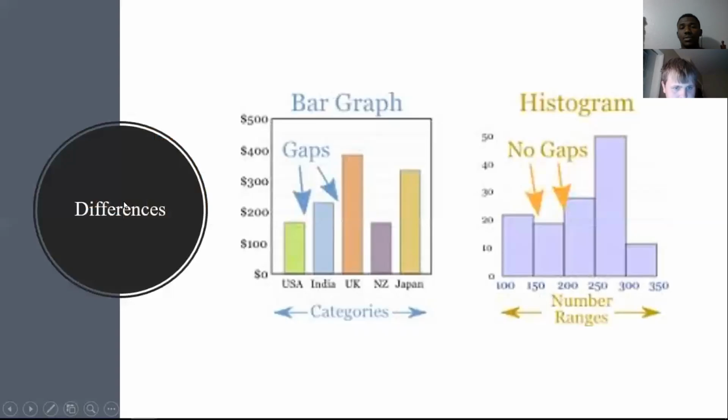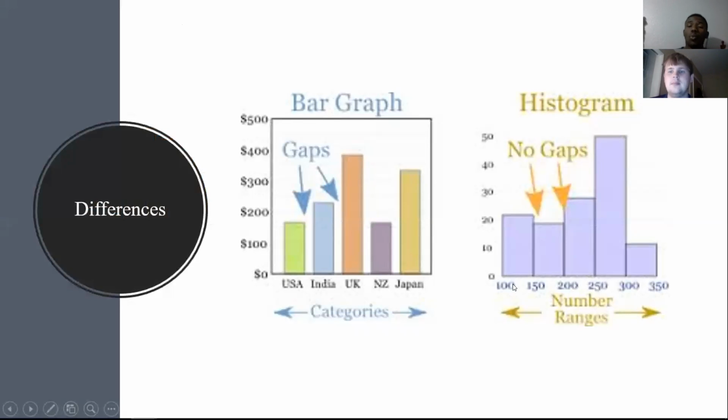And right here, bar graph, you have the US, India, UK, New Zealand for NZ, and Japan. And this is just showing the, let's say, amount of monies they have in the categories or just different countries. Now, over here on the histogram, as you can see, there's no gaps at all. There's gaps right here, no gaps. And right here, we're kind of comparing the number ranges, okay?